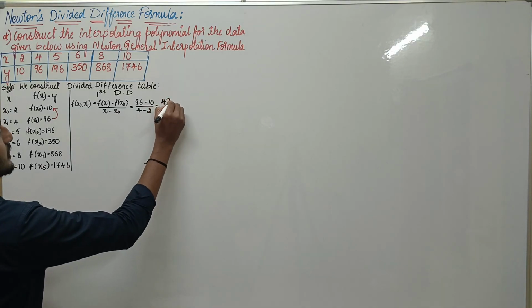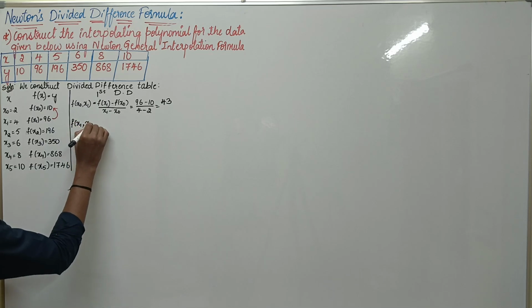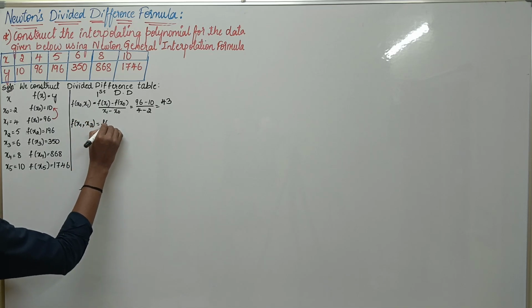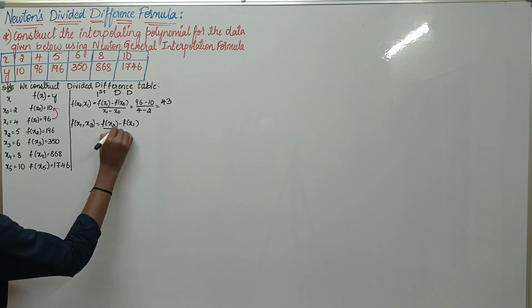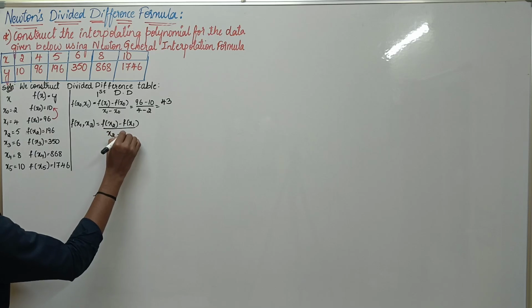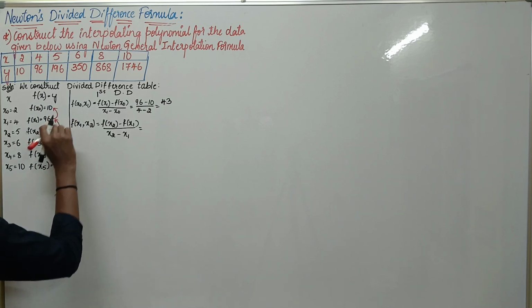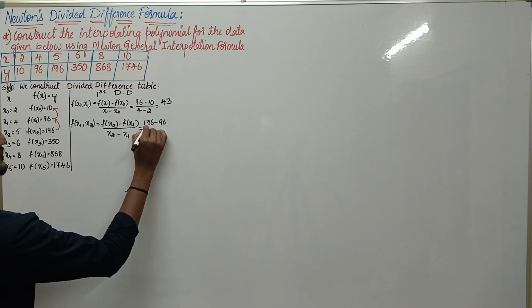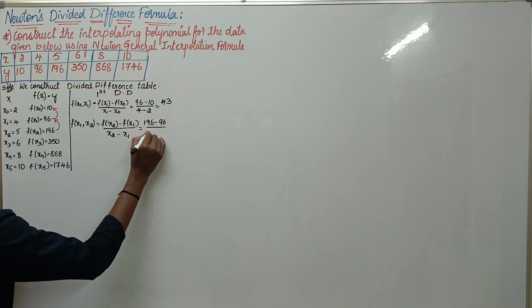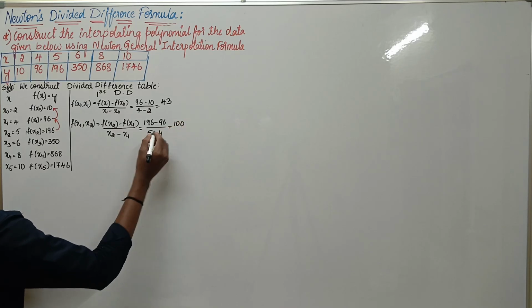We get 43. Now similarly, f of x1 comma x2 is equal to f of x2 minus f of x1 whole divided by x2 minus x1, that is 196 minus 96 divided by x2 we have 5 minus 4. See, 100 divided by 1, that is 100.